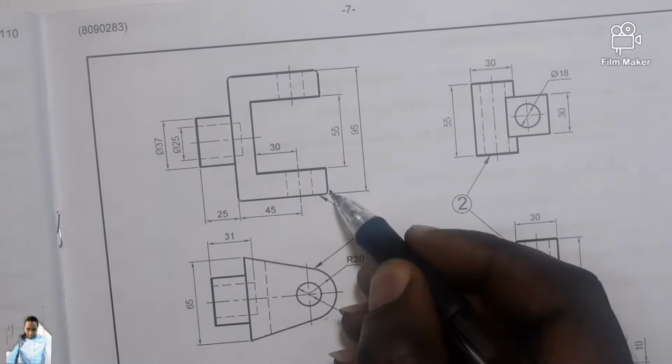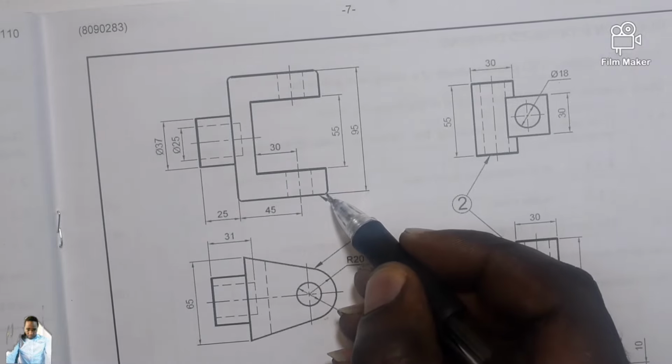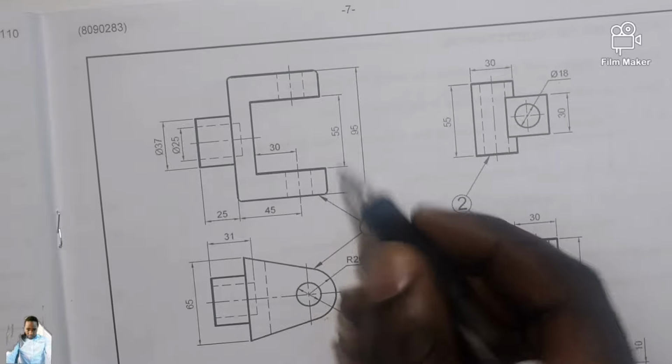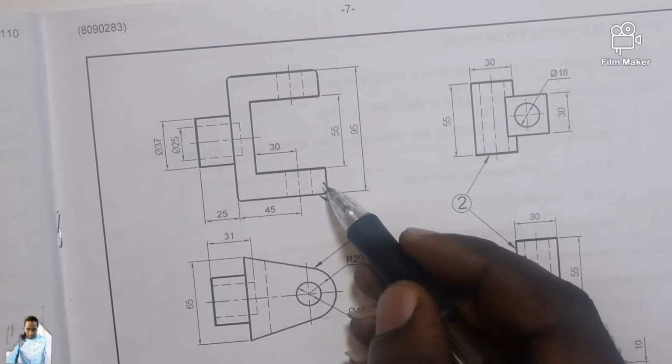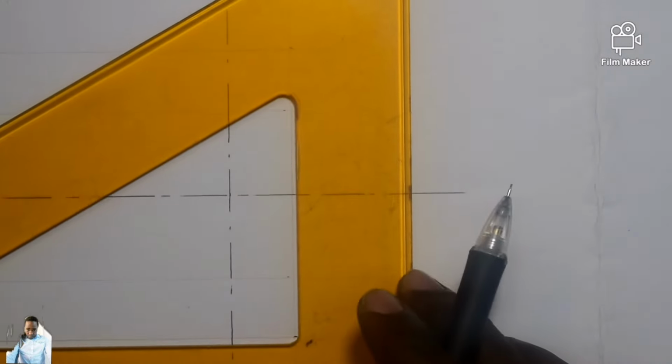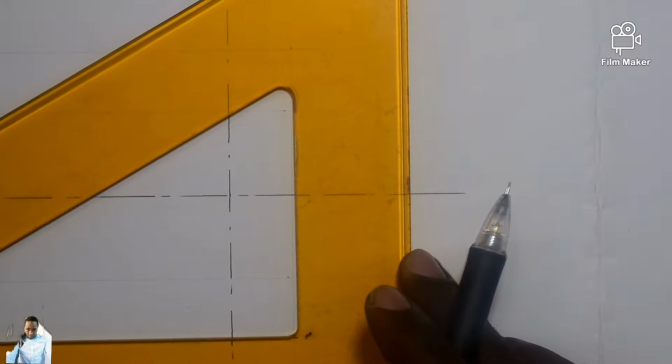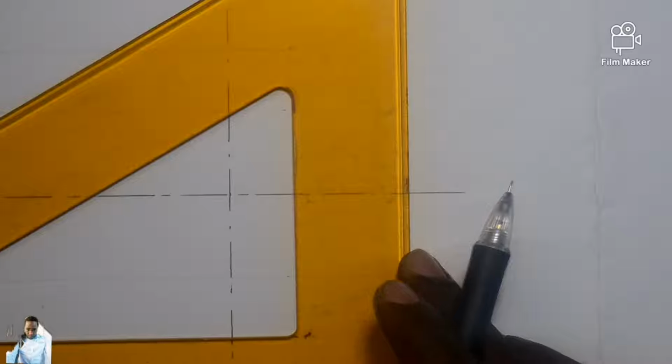From there, we are not given the radius of this, because you can see it's not a sharp corner like this one. You understand, it's not a sharp corner. So which means I won't be penalized if I use this ruler.